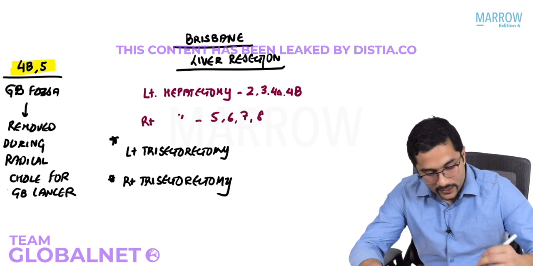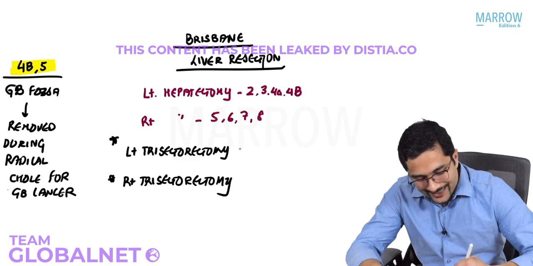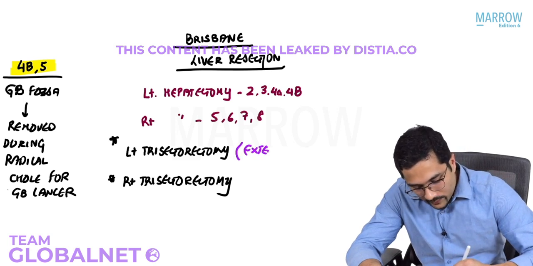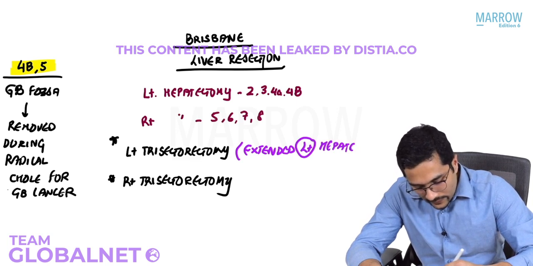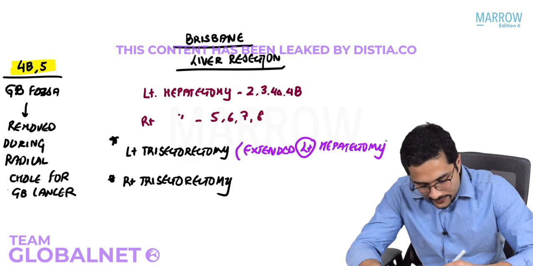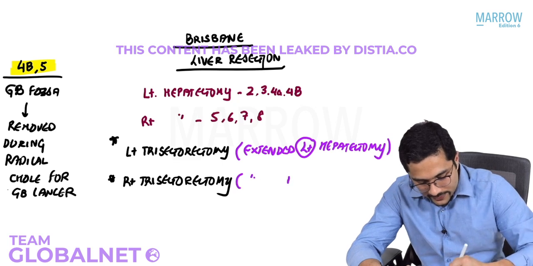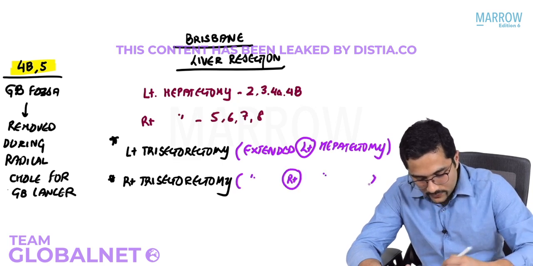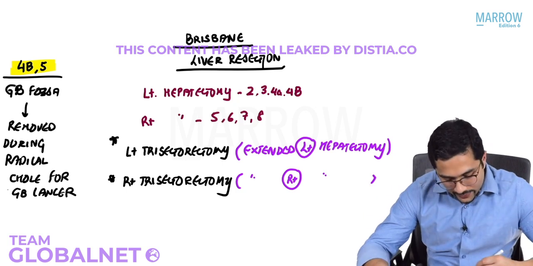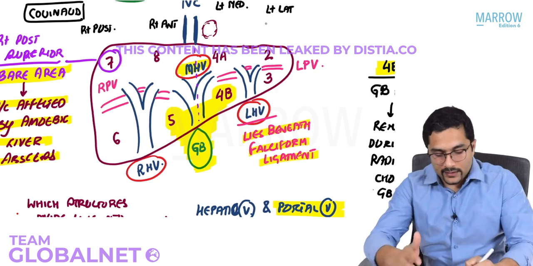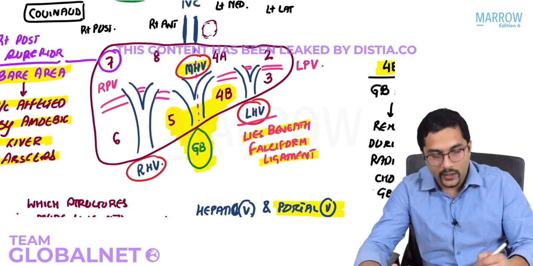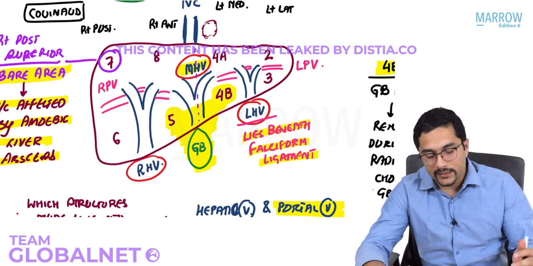Left trisectorectomy earlier was known as extended left hepatectomy. And right trisectorectomy was earlier known as extended right hepatectomy. Okay, so let's look at left trisectorectomy. On the left side, I told you these sectors are 2 and 3 is one sector, 4A, 4B is one sector, 5 and 8 is one sector.